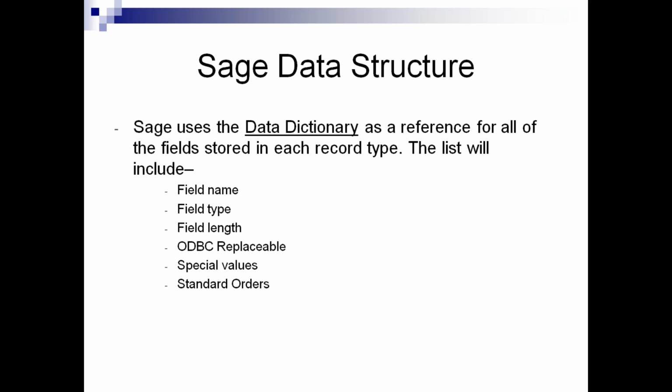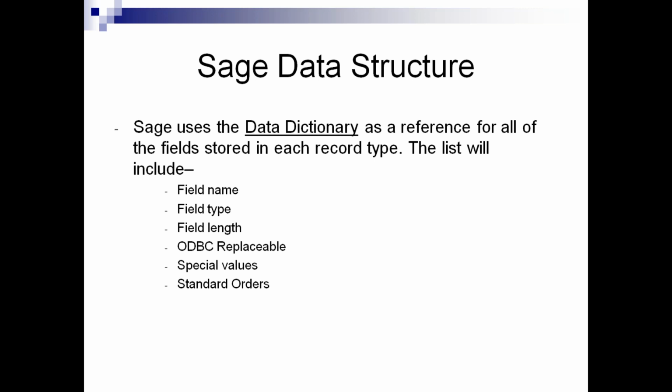And you're going to see things like the field name. On the printout of a data dictionary, you're going to see the field type, how wide that field is, whether it's ODBC replaceable, does it have any special values, hard-coded, and then what are the standard orders for that record.